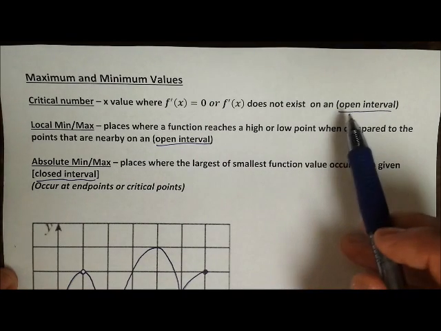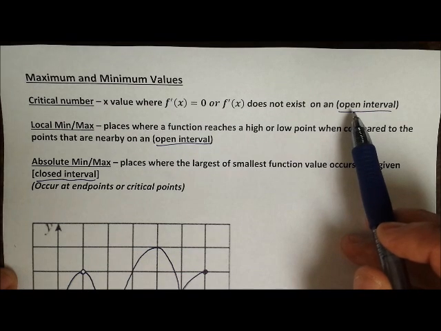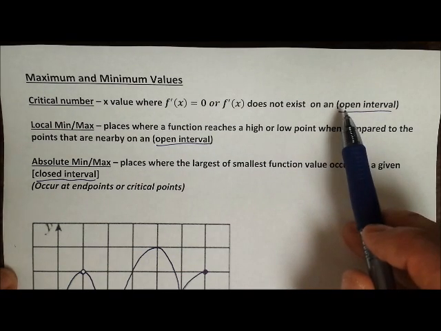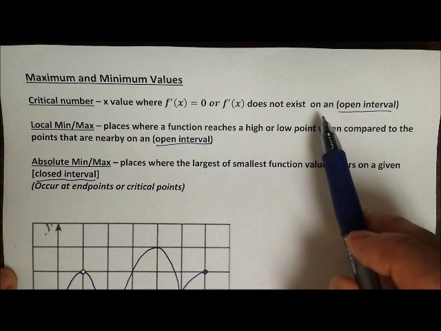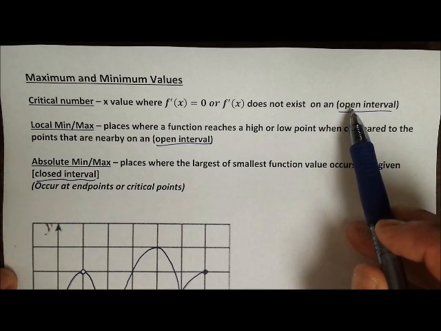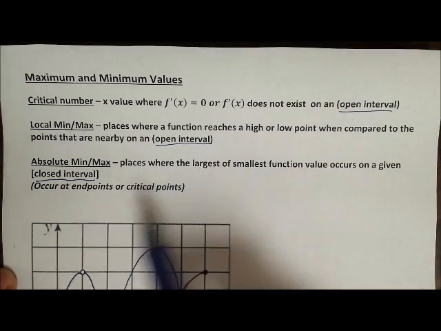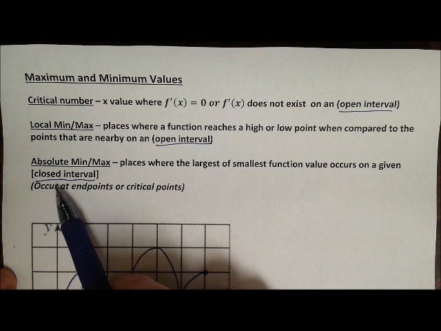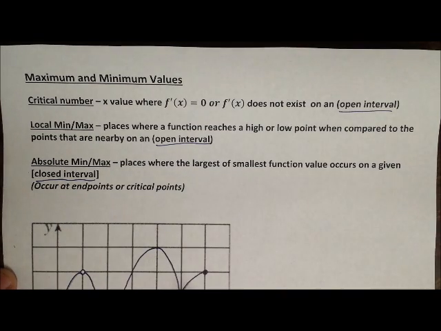In an open interval, we're not going to consider the endpoints of the function as part of the definition. The open comes from open circles, and we don't include those. The closed interval means we should count the endpoints. Again, closed circles mean they're part of the function. We're going to include that as part of this definition.